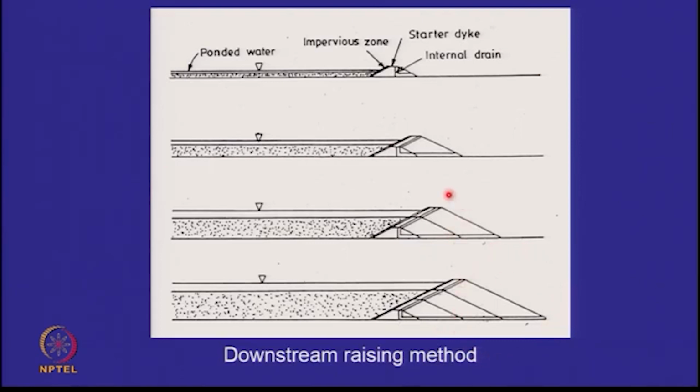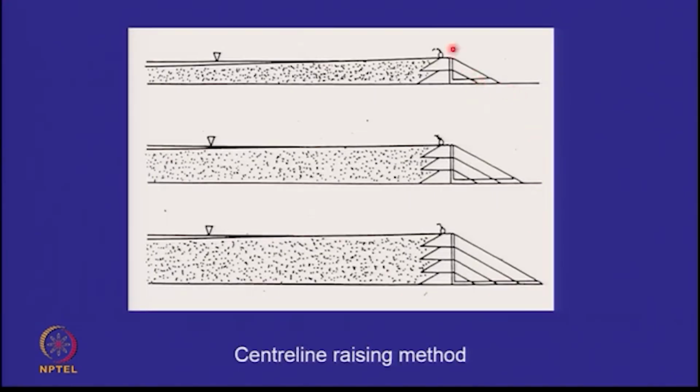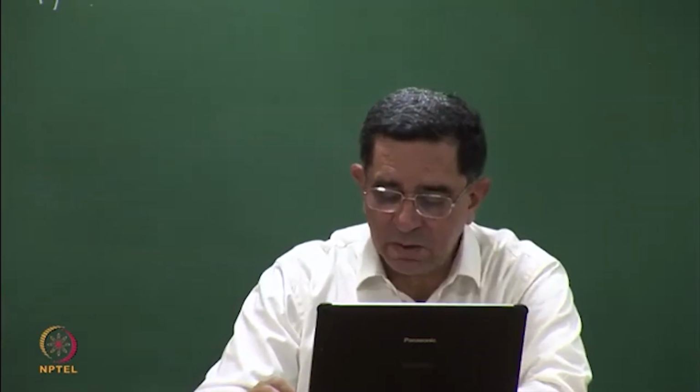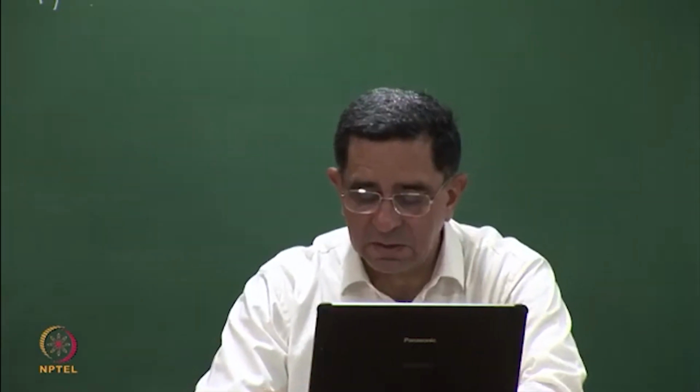And please remember, the vulnerable slope always is the downstream slope. The failure normally occurs with the downstream slope failure. So if you have the downstream slope that is basically made of compacted material, that's called the centerline method of construction. It's intermediate in cost and advantages between downstream and upstream methods.